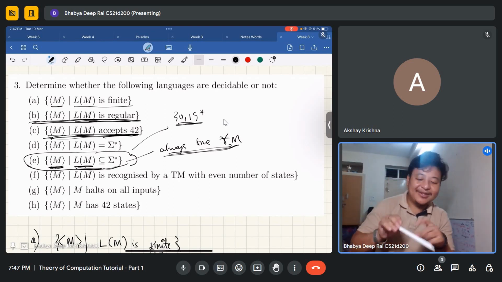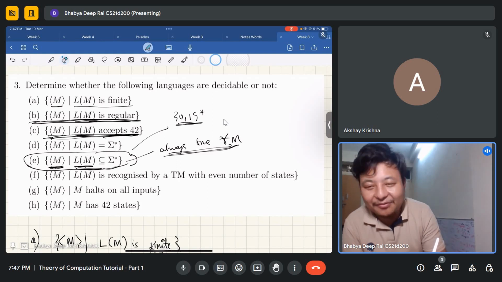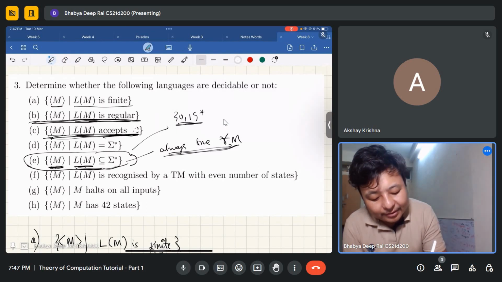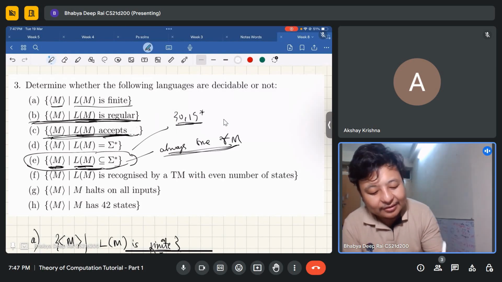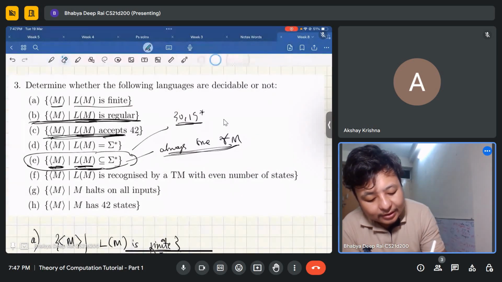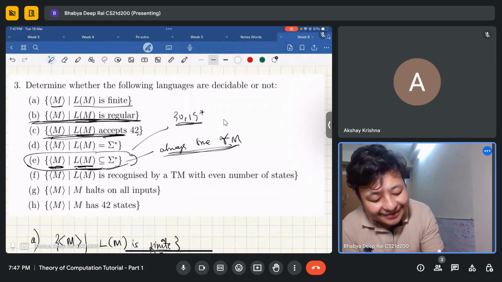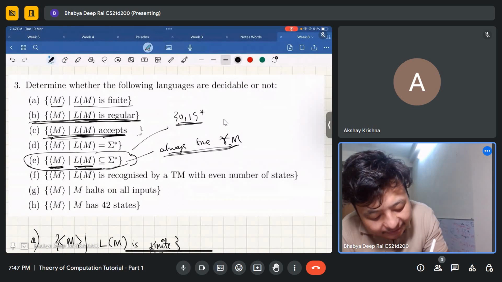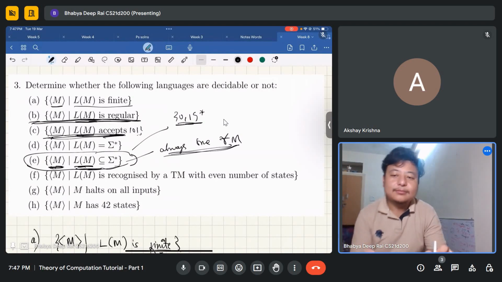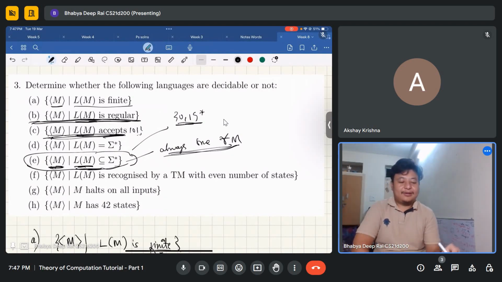Sorry, this 42 is a bit confusing because we were working in binary until now. Can you give me an example of a machine that accepts 101?